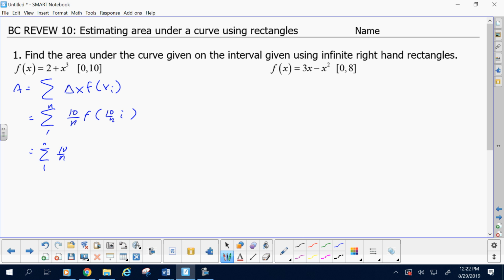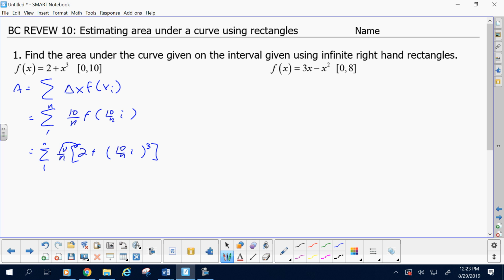And then, what did you do? We had 10 over n, times 2 plus 10 over n i. Okay, sounds good, cool. All right, now, there's not a binomial expansion component to that, so fight the temptation to think you had to cube this whole thing.